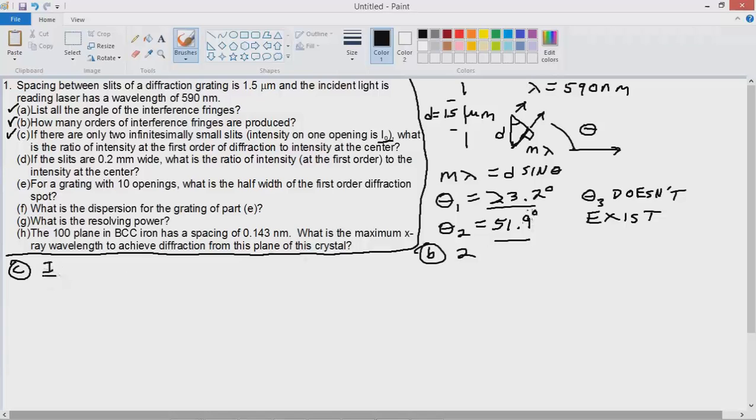You'll actually have two, the same spacing, just like a grating. You'll have two, but it's much more spread out.